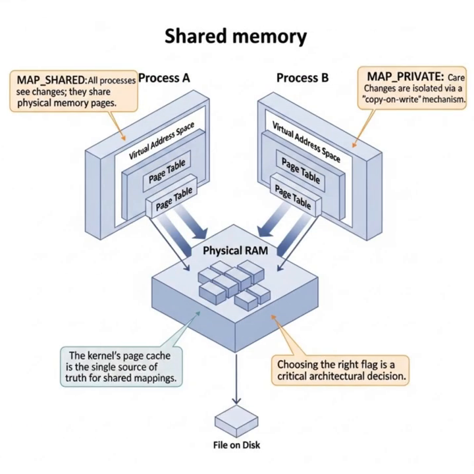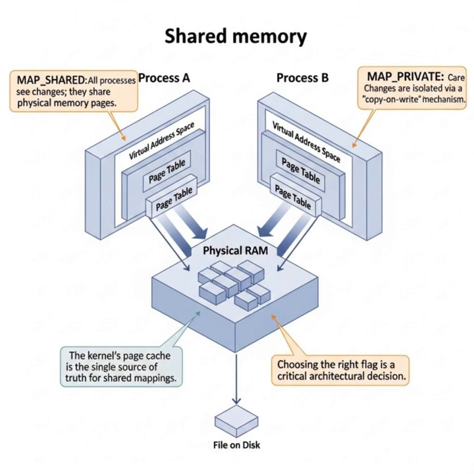This on-demand loading is brilliant for one process, but what happens when multiple processes map the same file? This is where things get interesting, and it's where architects need to pay close attention. When you map a file with the MAP_SHARED flag, you're telling the OS you want changes to be visible to all other processes mapping that same file.